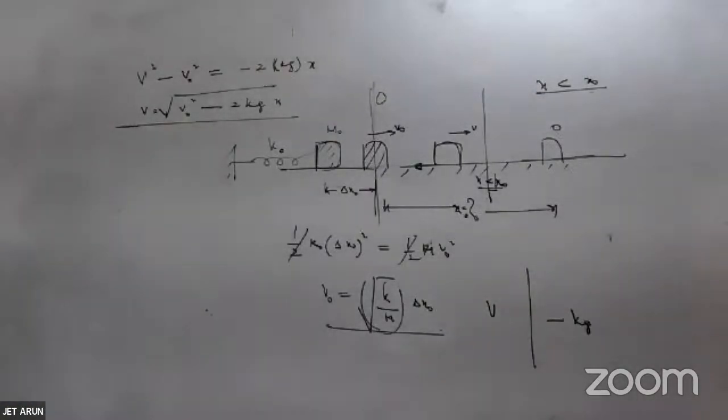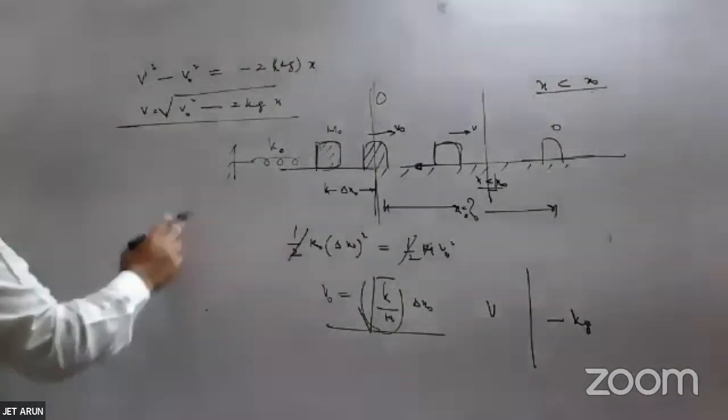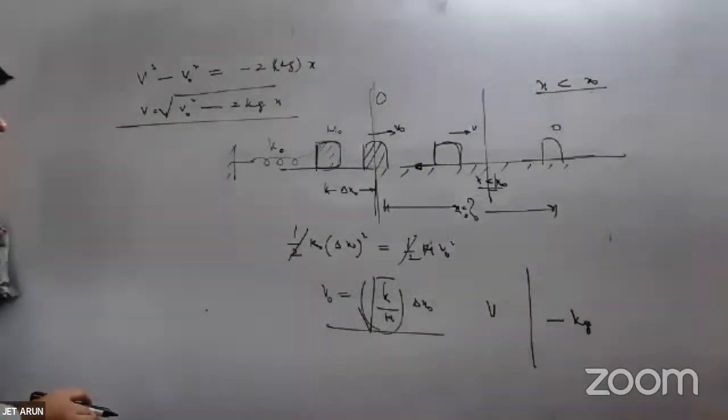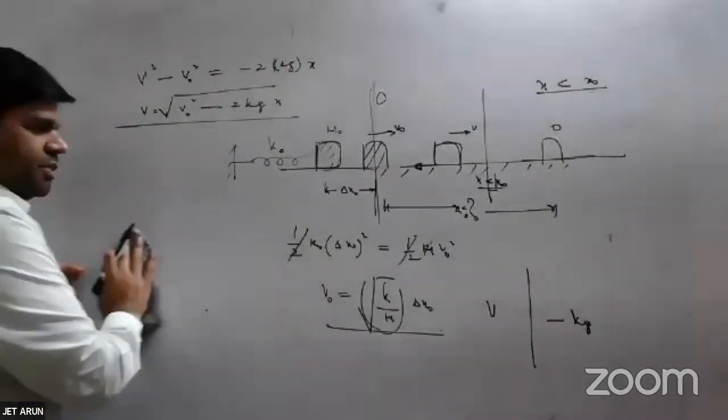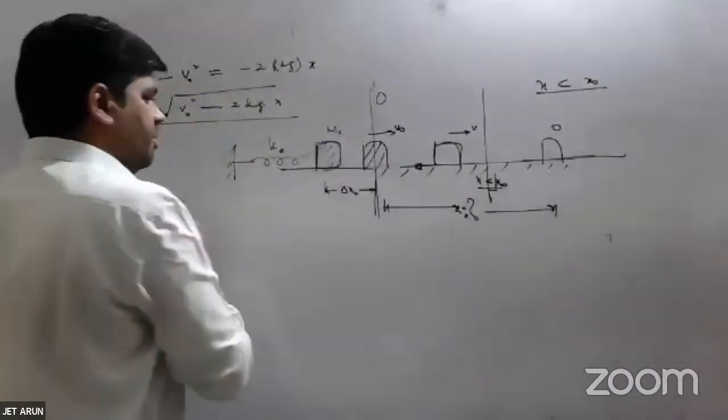I should get the same result using the energy equation. All right, I can plug v naught in over here. That's not an issue. But now let's get that using the energy equation. So what is the initial total energy?